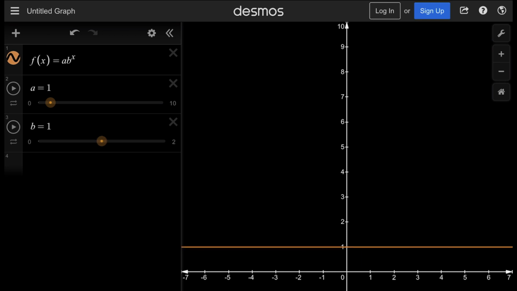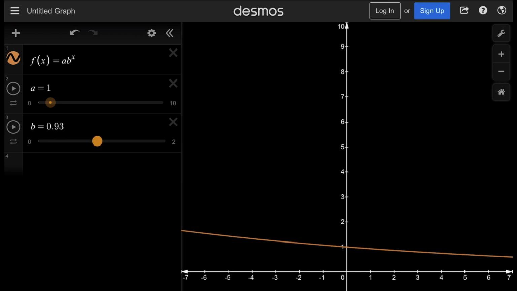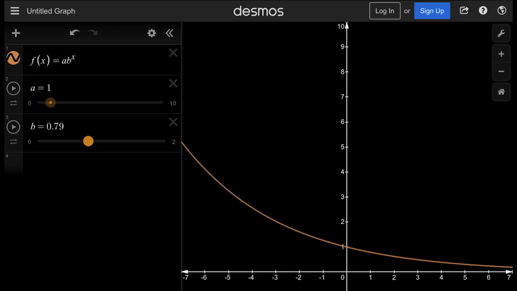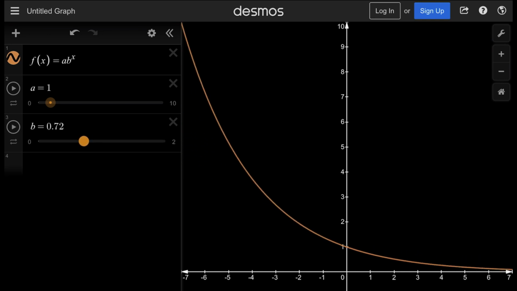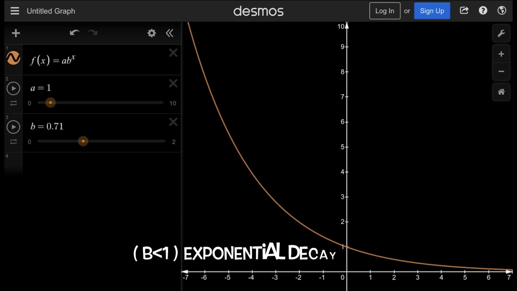Let's have a look. So if we go to a value like 0.9, notice how the graph tends to decrease now and steepen rather in the opposite direction. So this is a graph that has a negative slope, right? The gradient of this graph is decreasing because b's value is now less than 1.